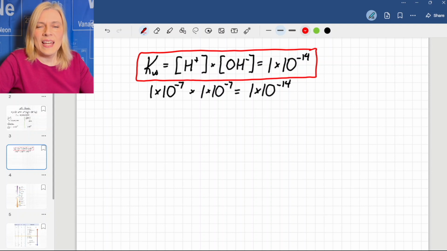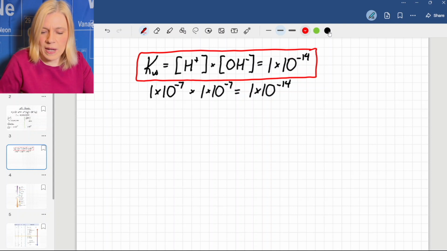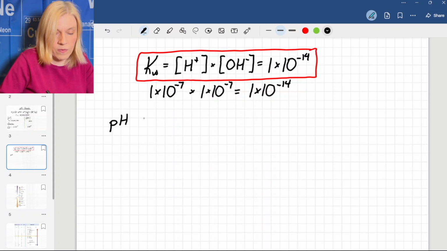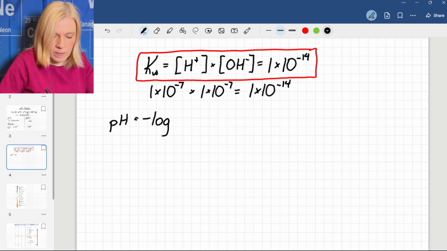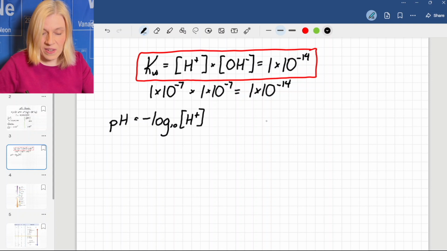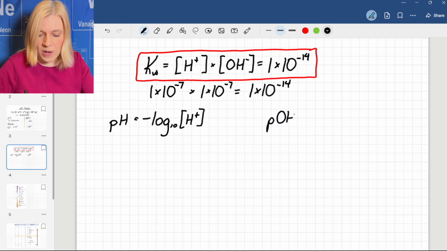Okay. And speaking about these exponents, it's a little bit hard to keep in mind. So somebody came up with this definition. Let's say we will have the power of H. The power of H plus ion scale will be negative log base 10 of H+ concentration. And then, if we follow the same thinking, we will have the power of OH, right?